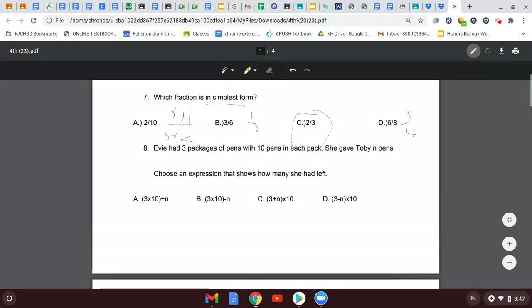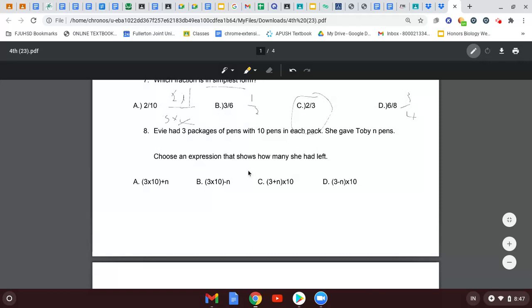Okay? And then Evie had 3 packages of pens with 10 pens in each pack. She gave Toby n pens. Choose an expression that shows how many she had left. Okay?